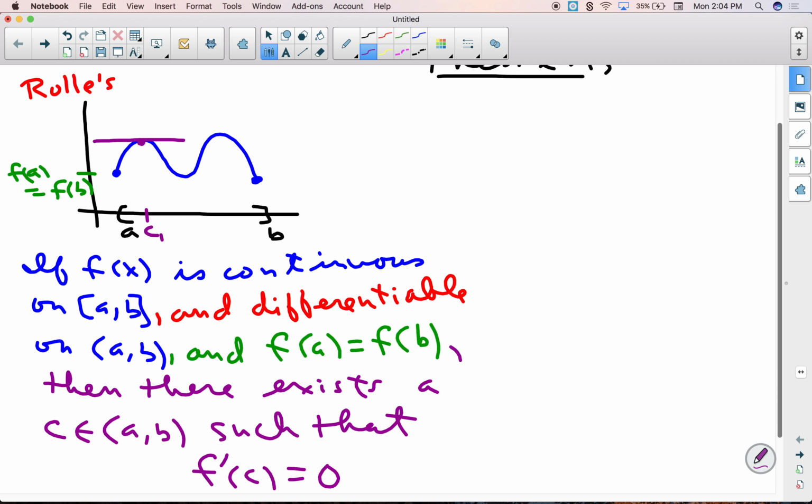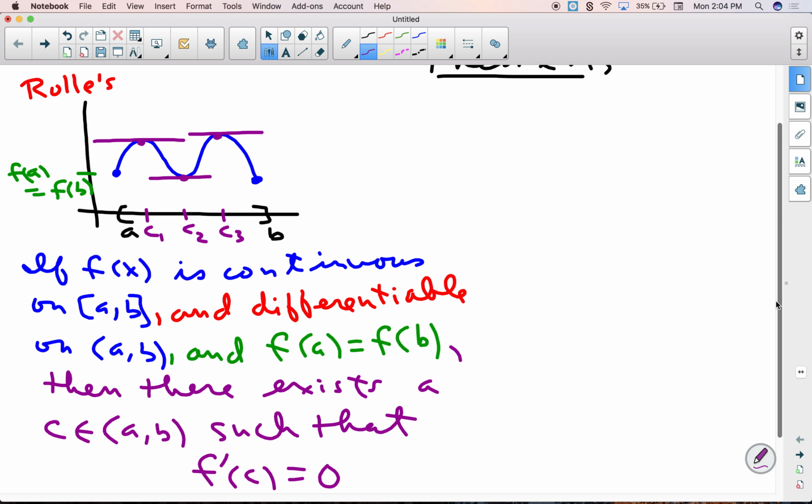So there's c1, here's another guy, c2, and here's a third guy, c3. But this is what we call an existence theorem. It just ensures that there's at least one. When we say there exists, another way to say that is there's at least one value that makes this true, f prime equal to 0. That's Rolle's theorem.